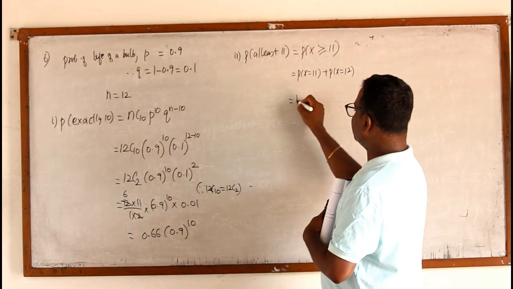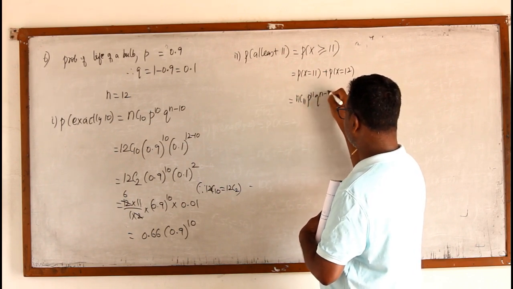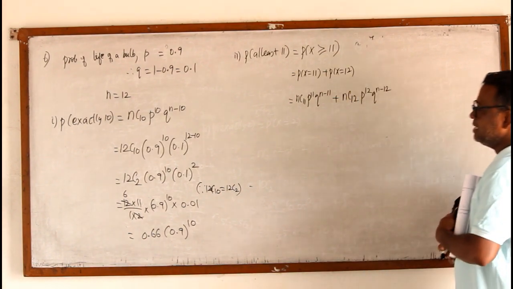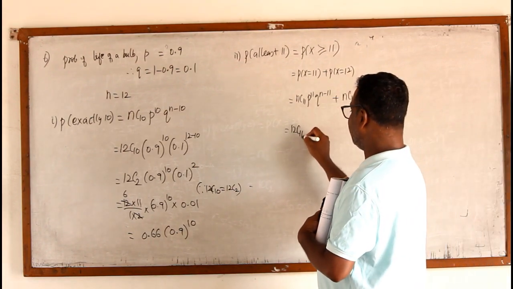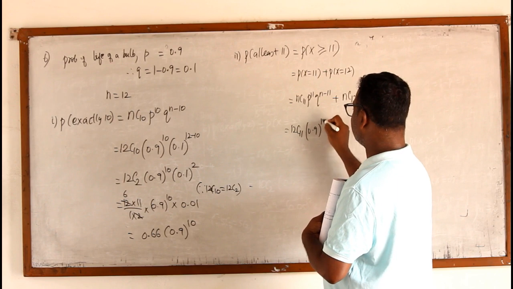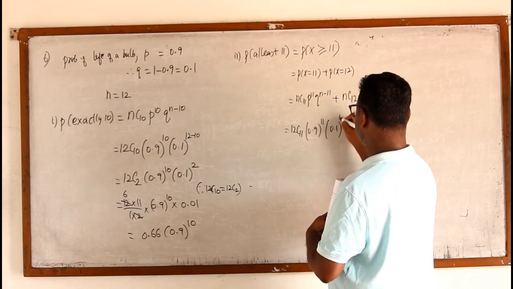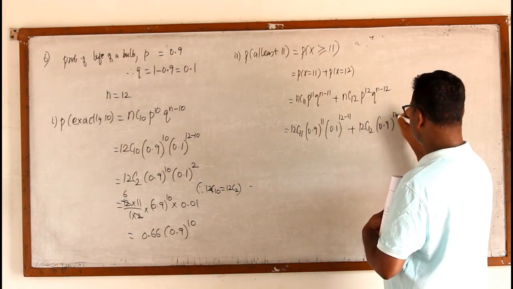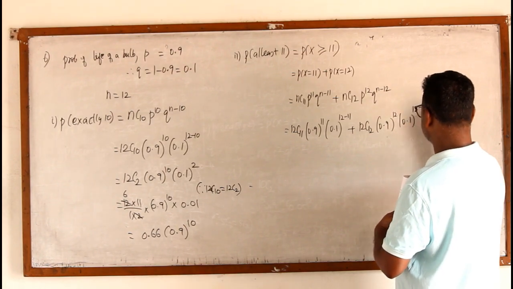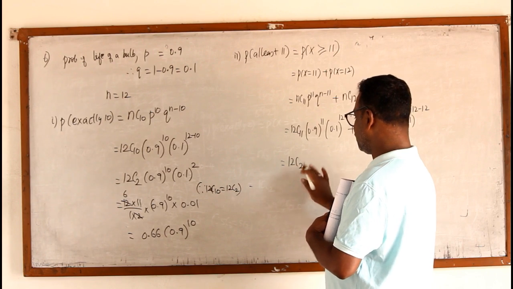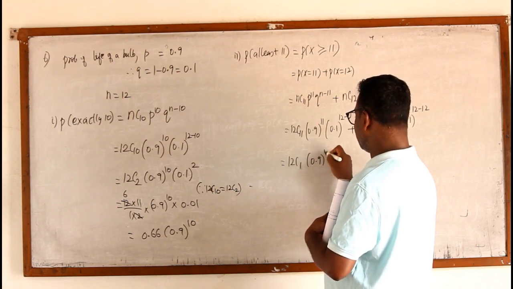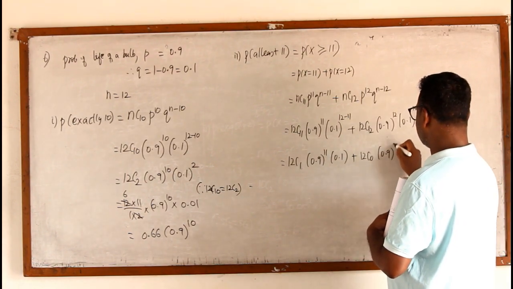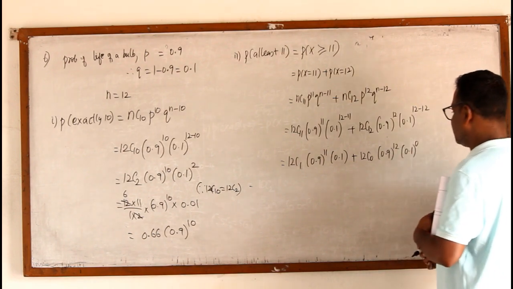Now write the formula. nC11 P power 11 Q power n minus 11, plus nC12 P power 12 Q power n minus 12. n is 12: 12C11, P is 0.9 whole power 11, Q is 0.1 whole power 12 minus 11, plus 12C12, 0.9 whole power 12, 0.1 whole power 12 minus 12. 12C11 is 12C1, 0.9 whole power 11, 0.1; this is 12C0, 0.9 whole power 12, 0.1 whole power 0.